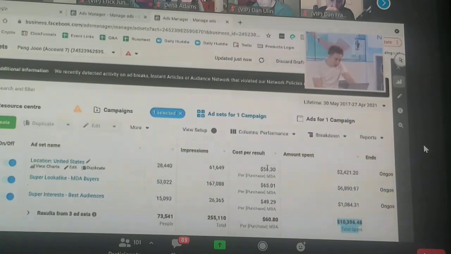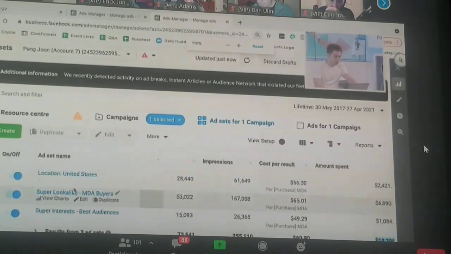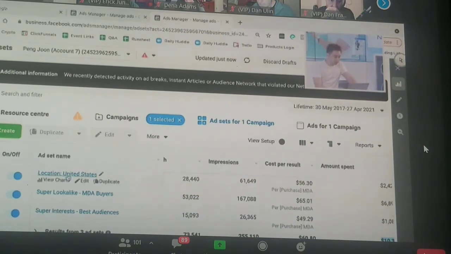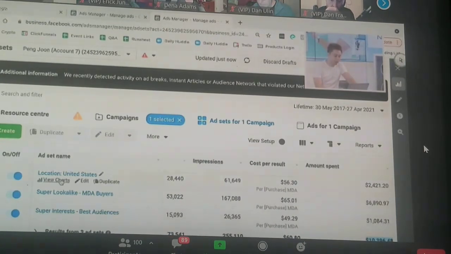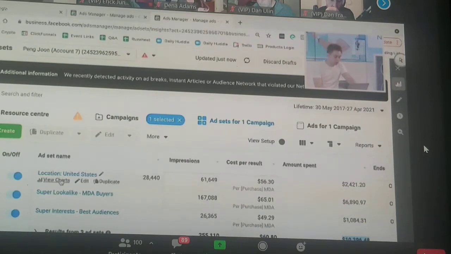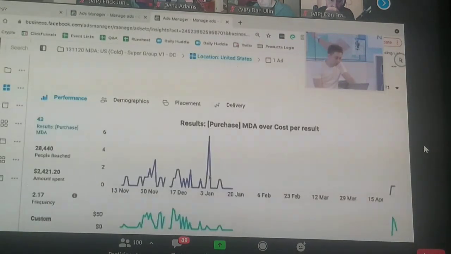And you'll notice that this ad, let me just zoom in so that all of you can see this. This audience, literally, is anybody that is living in the US, which sounds insane. In fact, if I were to click on this, I'm going to show you the demographics.